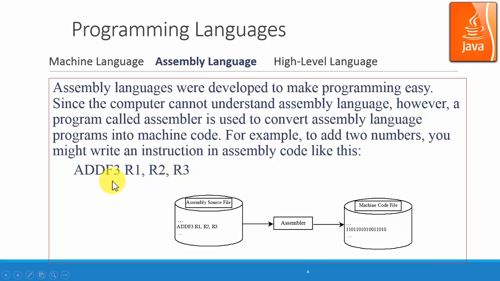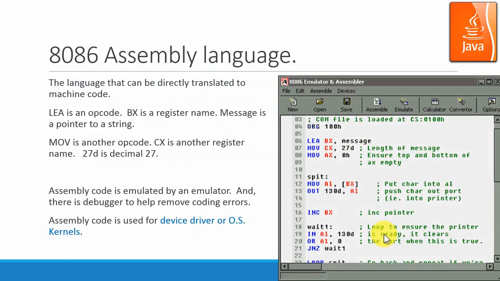So this one could be adding 3 floating-point numbers together, say R1, R2, R3, and then storing to a certain location. So this assembly code source file gets assembled by an assembler and then becomes binary machine code and gets executed by the machine.